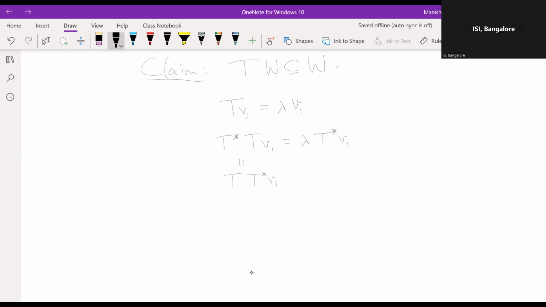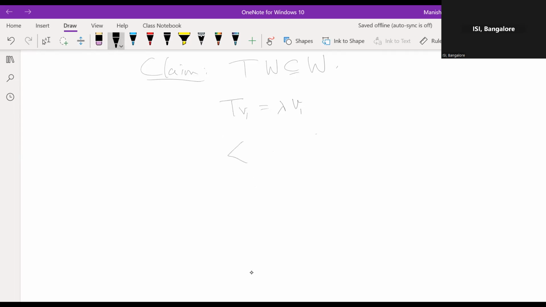But I want to say V1 is a T star eigenvector. So this is not what I want. One should use the pairing somehow, so let's try to use the pairing.